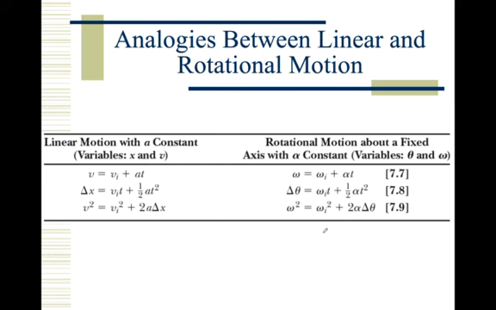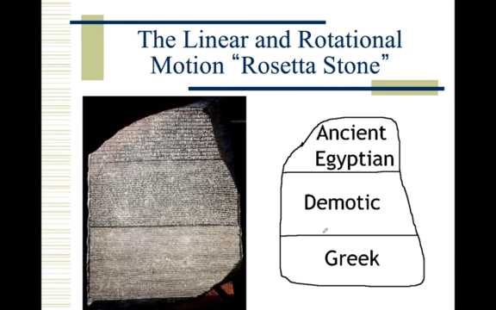I'm going to introduce the idea of what I'm going to call the physics Rosetta Stone. It's on the back of your assignment sheet. I'll show it to you in a moment. The Rosetta Stone, if you don't already know about it, is a stone that was actually found in a fort in Egypt, which had ancient Egyptian hieroglyphs, Demotic and Greek, parallel translations all next to each other.